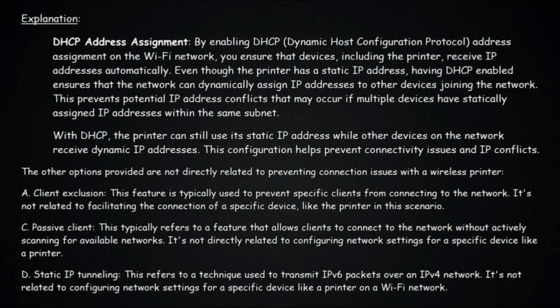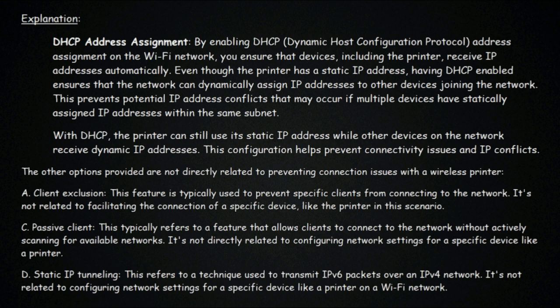By enabling DHCP address assignment on the Wi-Fi network, you ensure that devices, including the printer, receive IP addresses automatically. Even though the printer has a static IP address, having DHCP enabled ensures that the network can dynamically assign IP addresses to other devices joining the network.